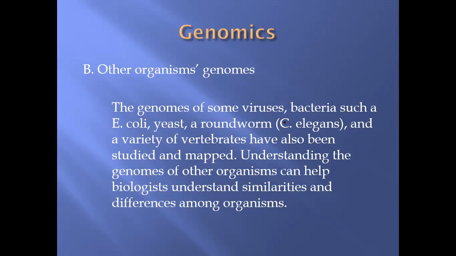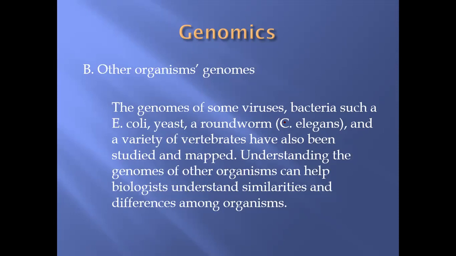All three of these are organisms with much smaller genomes. So it made them a little bit easier to sequence and certainly cheaper to sequence. And E. coli is one of the first ones because it has circular DNA.